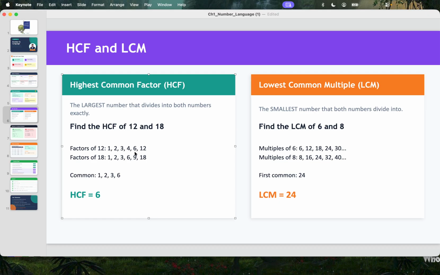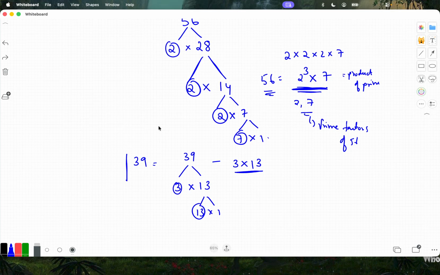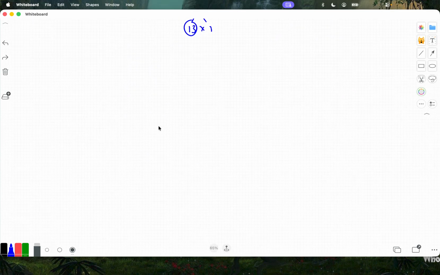Okay, let's check some of the examples. Okay, so let's say 8 comma 12. Okay, 8. You can write 1 into 8, 2 into 4. So what are the factors? 1 comma 2 comma 4 comma 8.